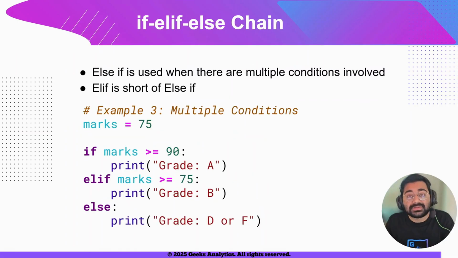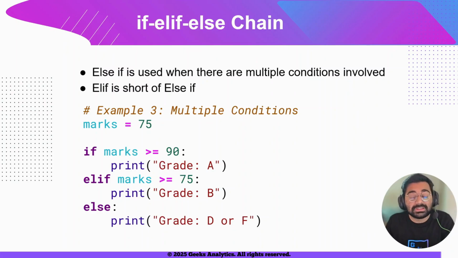Then comes the if elif else chain. There can be multiple conditions to check. Now, you cannot check all those conditions in a single if statement. There can be cases where you have multiple conditions to check, but you don't want to take the next action in the same way for all of them.